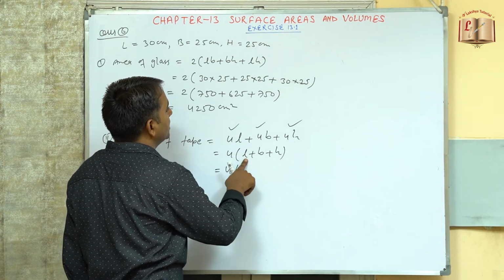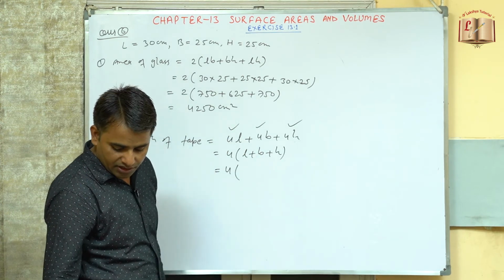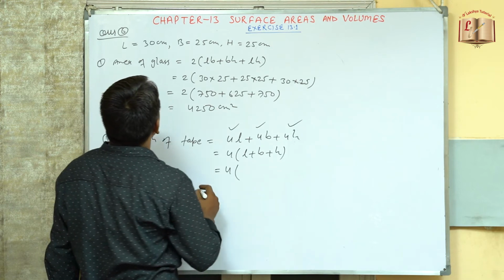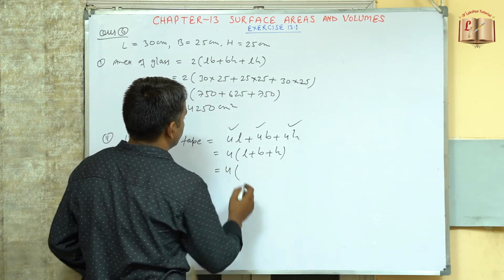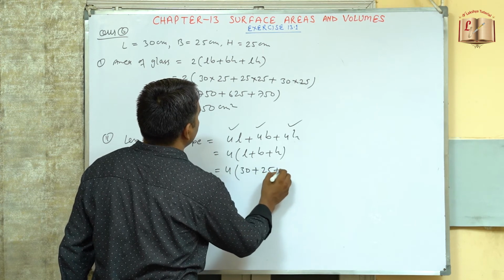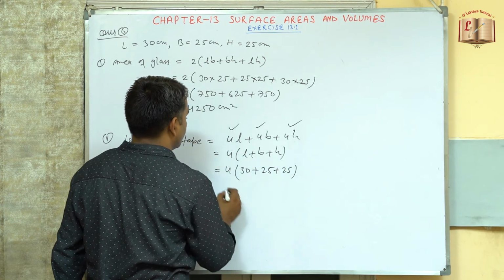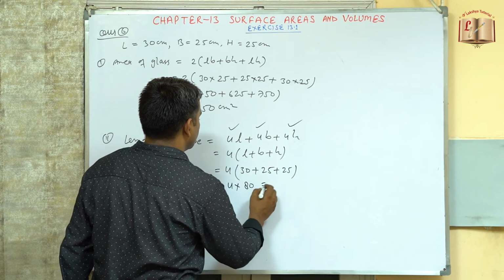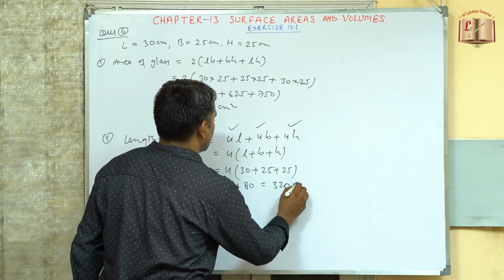So this becomes now 4 times (length plus width plus height), so we'll take up these values. Length is 30, plus width is 25, plus height is 25, so this will be equal to 4 into 80, so this is 320.